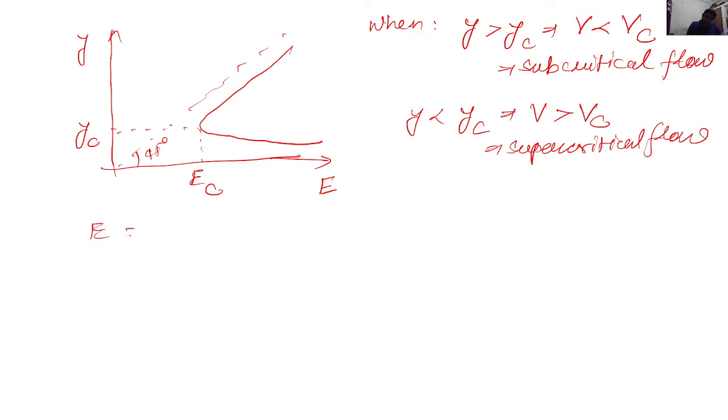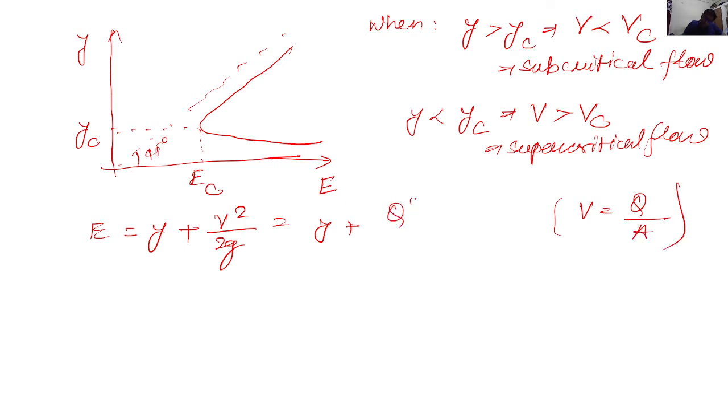So let us just come back to the specific energy expression, which is E equal to y plus v square by 2g, equal to y plus, v can be represented as the discharge by the cross section area, so it would be q square by 2g A square. So E is equal to y plus q square by 2g A square.